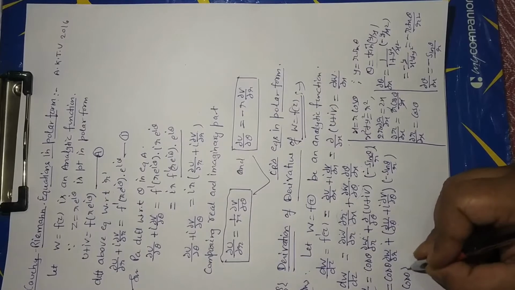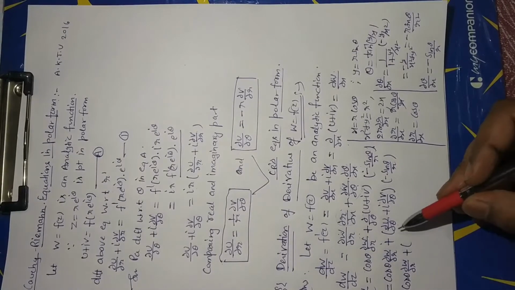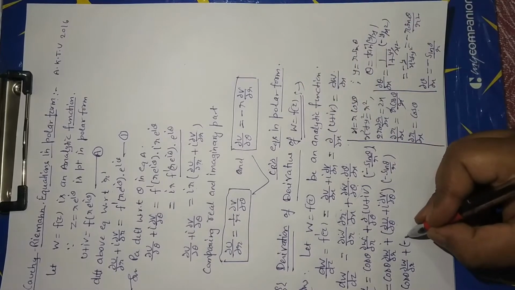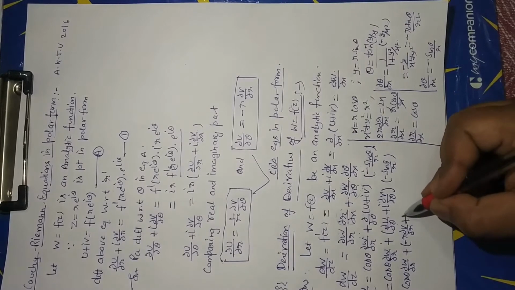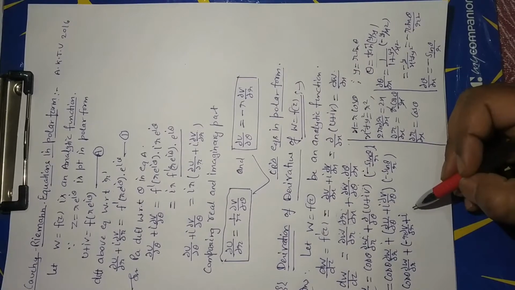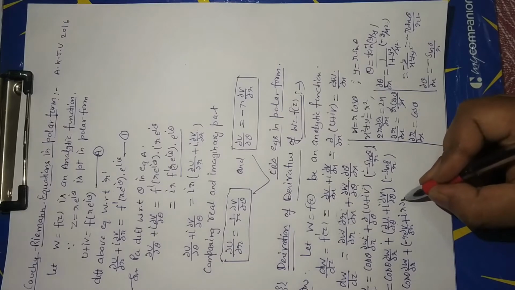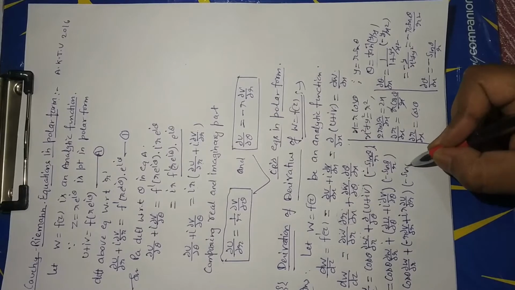cos theta del W upon del r as it is, plus the value of del u upon del theta, minus r del v upon del r, plus i del v upon del theta, r del u upon del r, times minus sin theta upon r as it is.